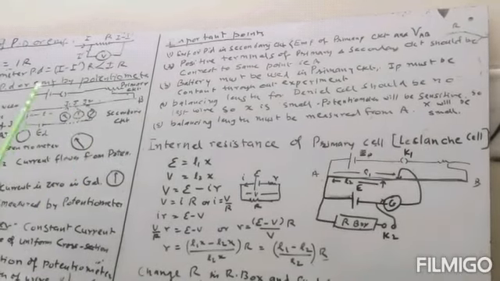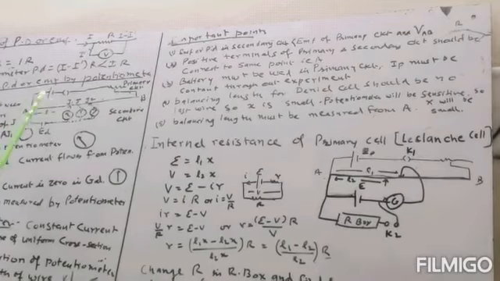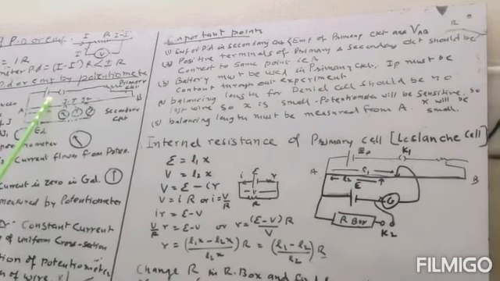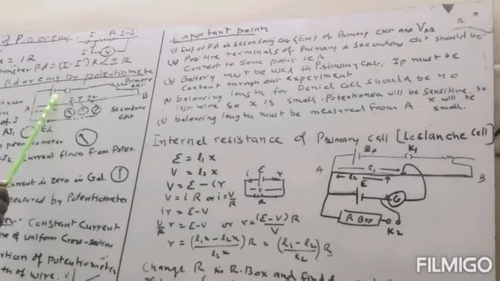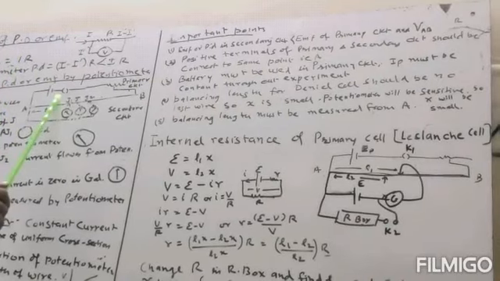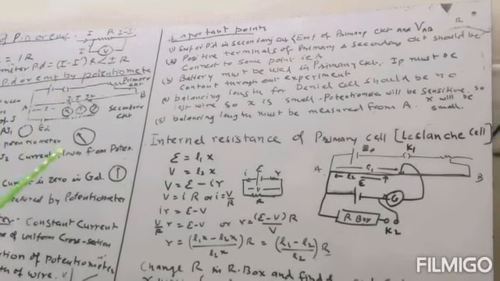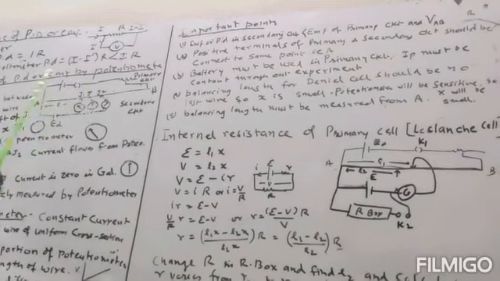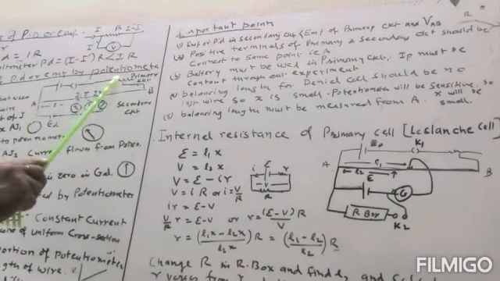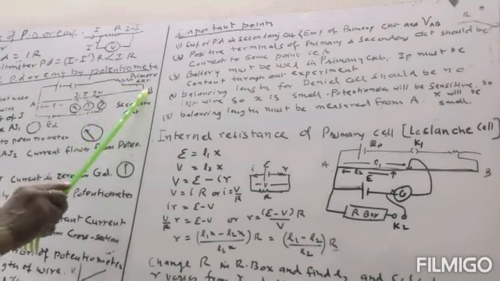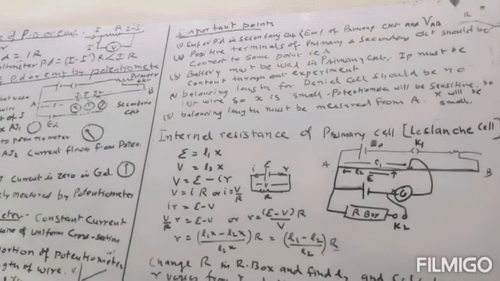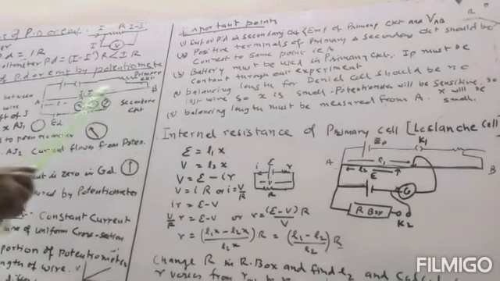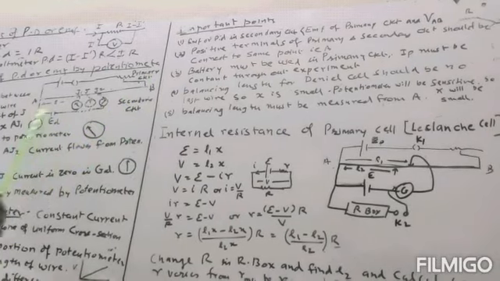The next point, in the primary circuit, we should use a battery. We should not use a primary cell. We should not use any eliminator, because the essential condition for the potentiometer is that the current in the primary circuit should remain constant. The potential gradient will only depend on the primary circuit. It does not depend on the secondary circuit.